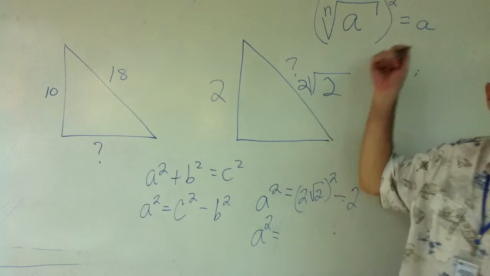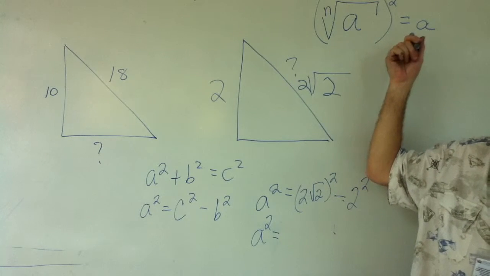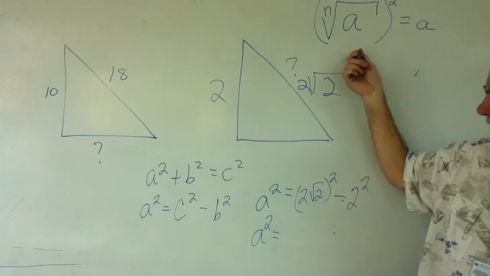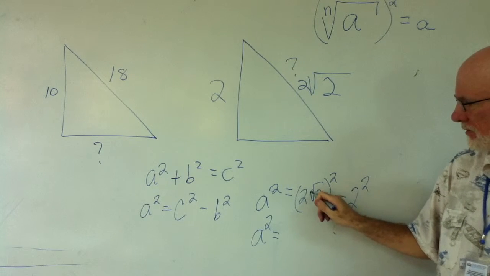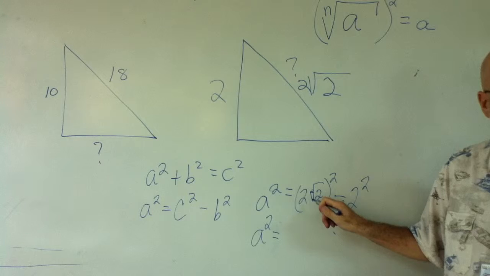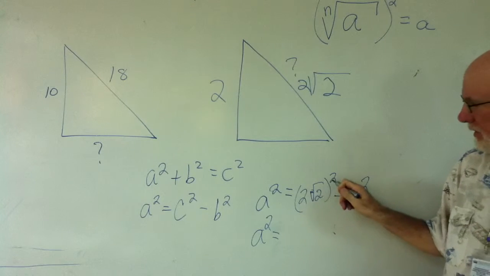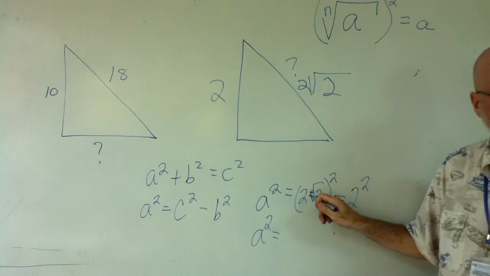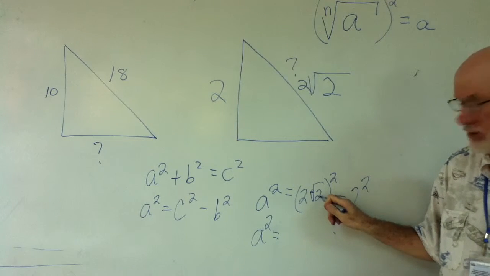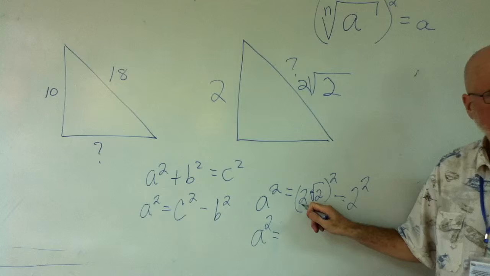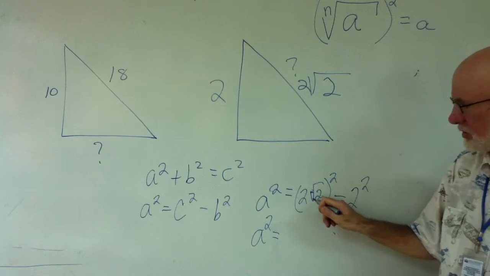Isn't that a 2 there? So if I'm squaring and that's a 2, what's the answer going to be? 2, right? And what's 2 squared? 4, right? So what's 2 root 2 squared?